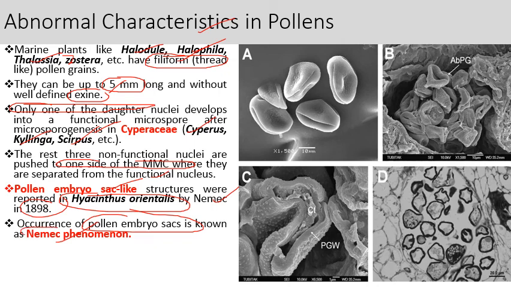He believed that they are formed by 3 successive divisions of the vegetative nucleus.